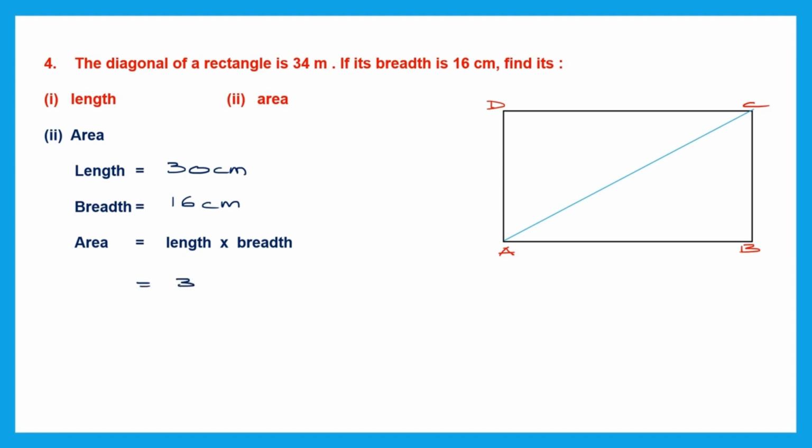That is, 30 into 16 and then we multiply. 16 threes are 48 and then we add a 0. So we found the area. So this is 480 centimeters square. So this is the answer to our second question. 480 centimeters square is the area of this rectangle.